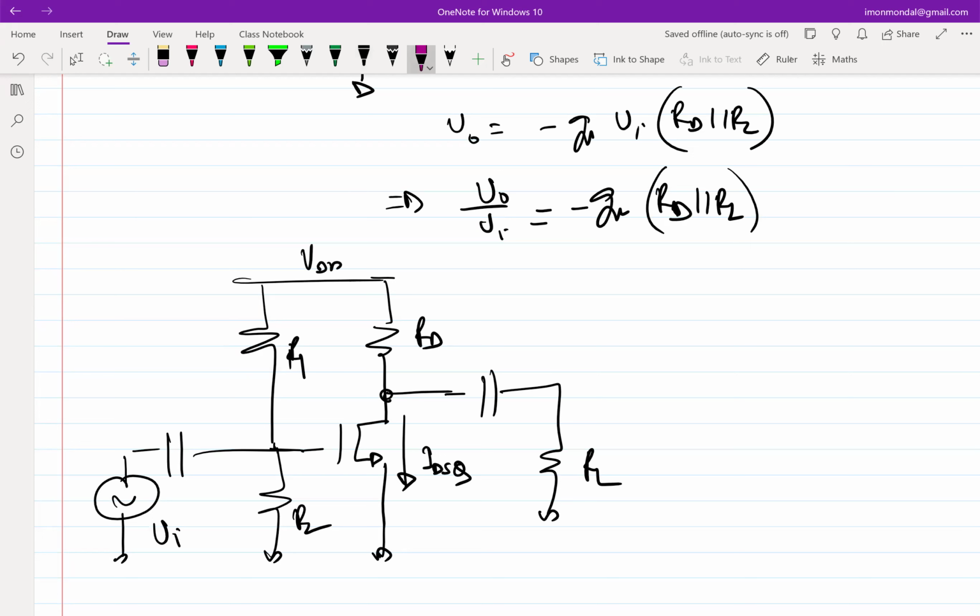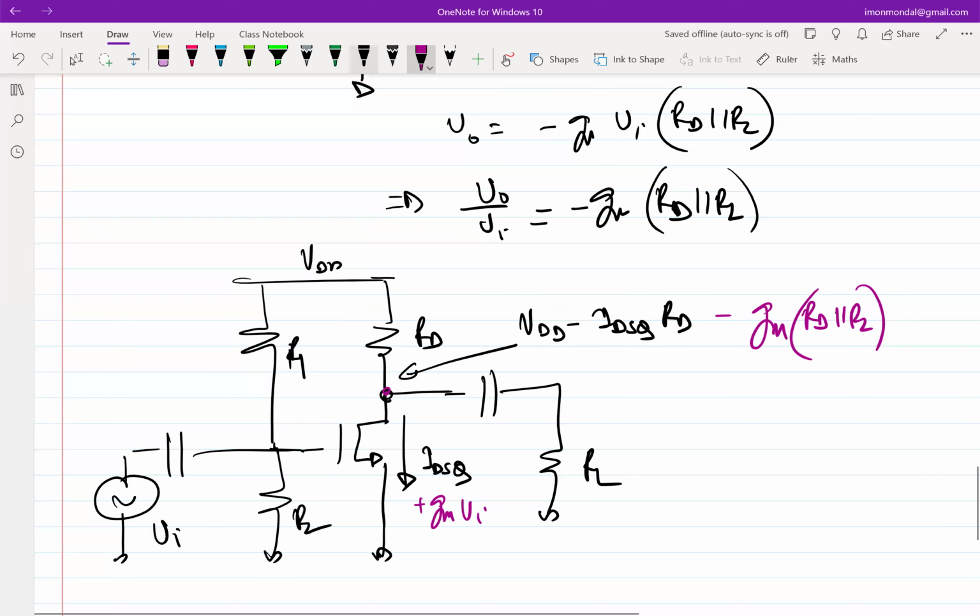Plus GM Vi. So IDSQ plus GM Vi. What will be the total voltage here at the drain? The quiescent voltage was VDD minus IDSQ times RD. What will be the total voltage? Minus that gain, right? So this will be minus GM times RD parallel RL.